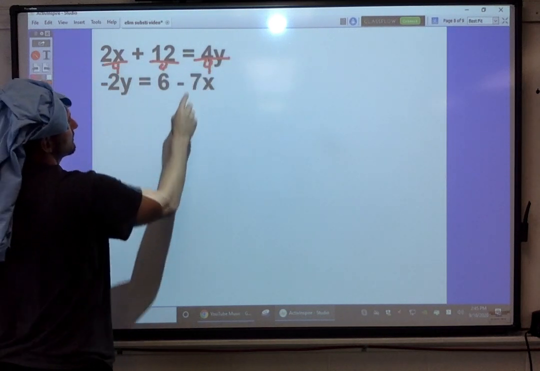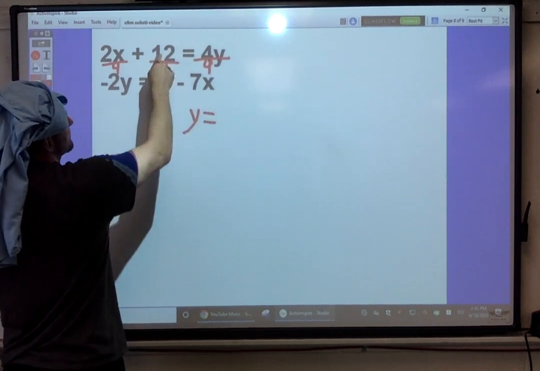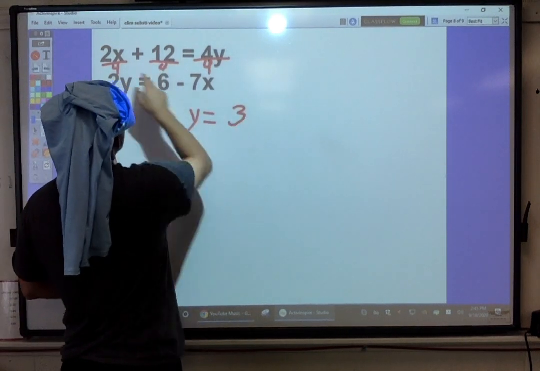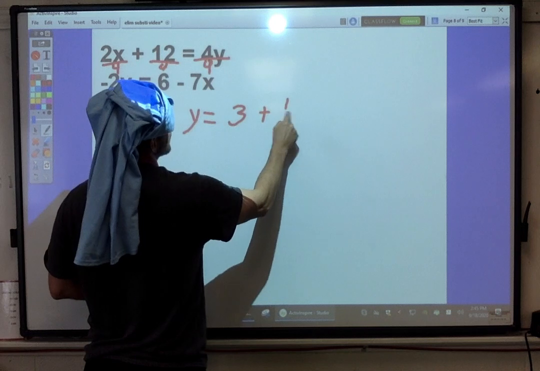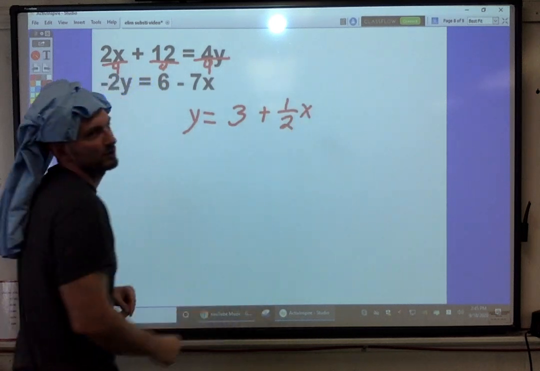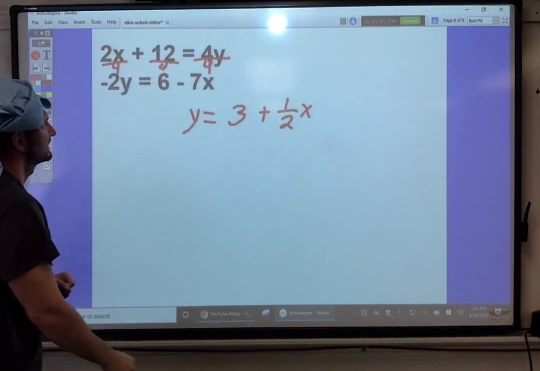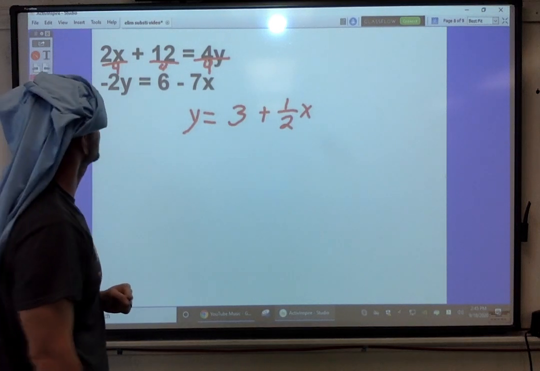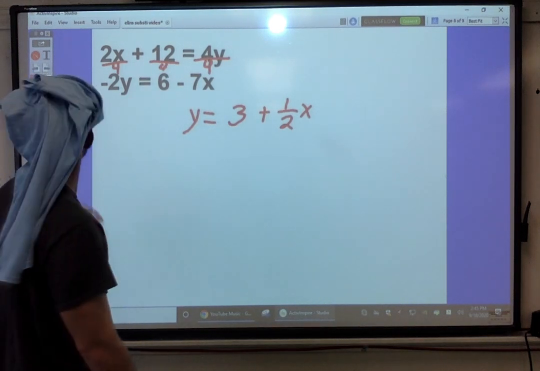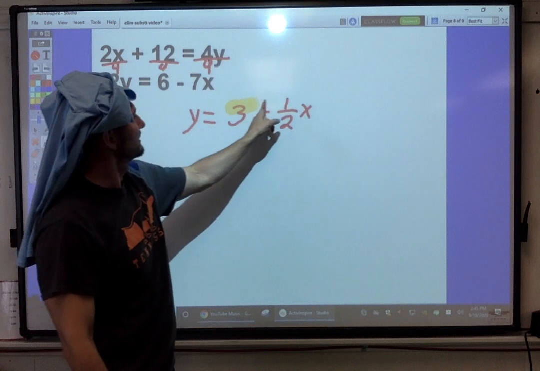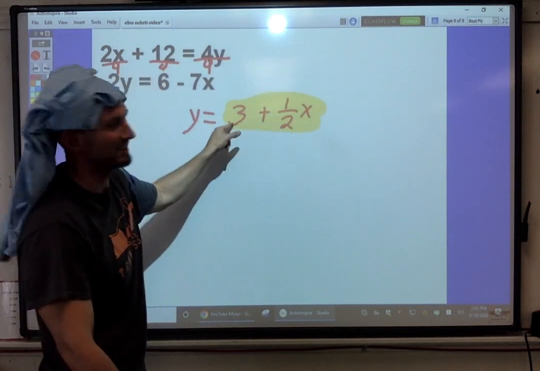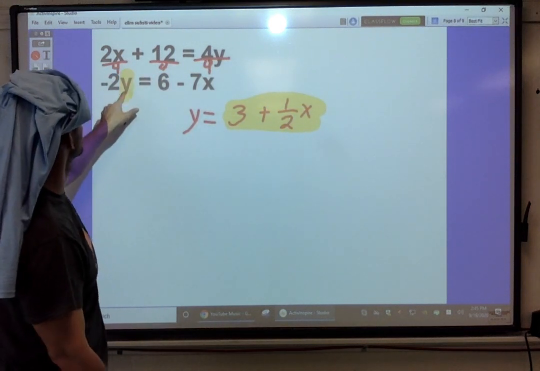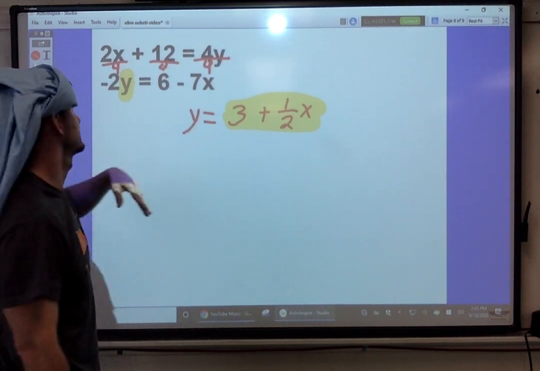And I'm going to get 1y is equal to 3 plus 1/2 x. Oh man, you gave me fractions. Alright, so this is what y equals. So in my other equation, what y is, I'm going to replace it with this stuff.